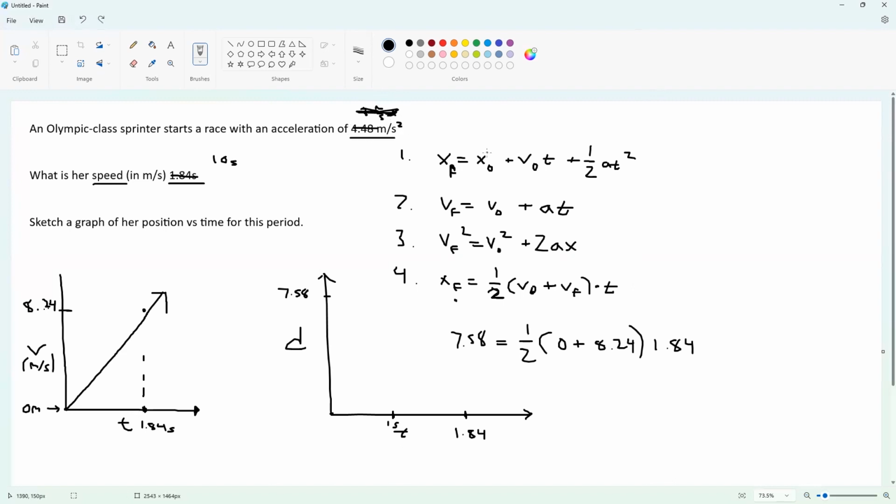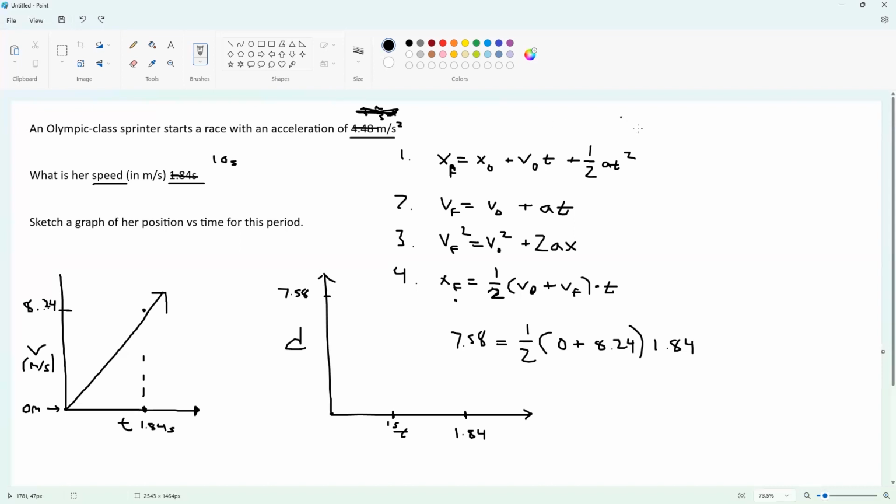The acceleration is this. So we would use the first one? The first formula. Yeah. You know what? Yeah, we can use that first one. We can use the first formula to calculate the distance at that time.